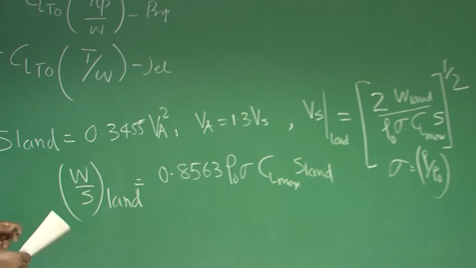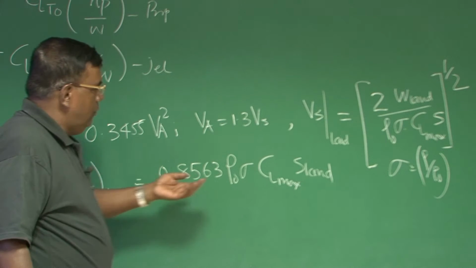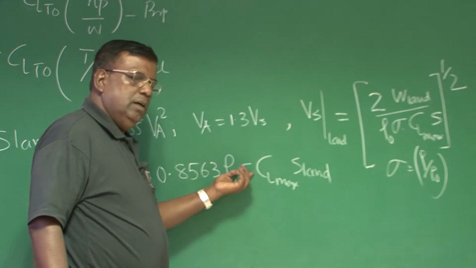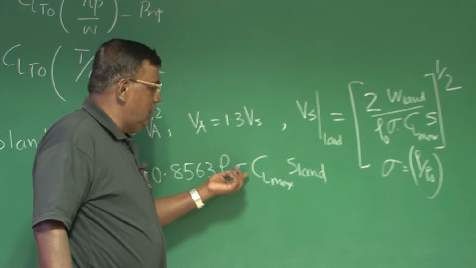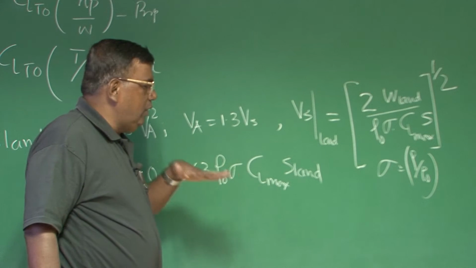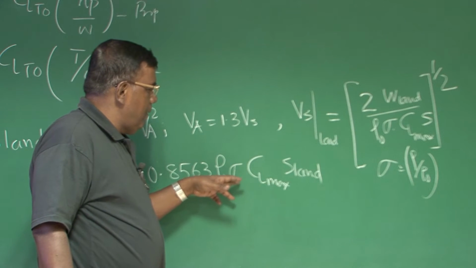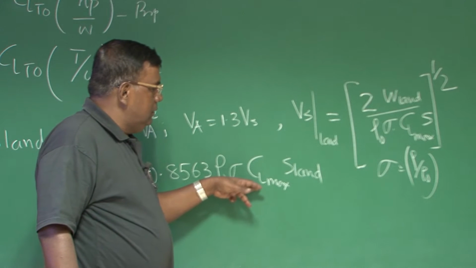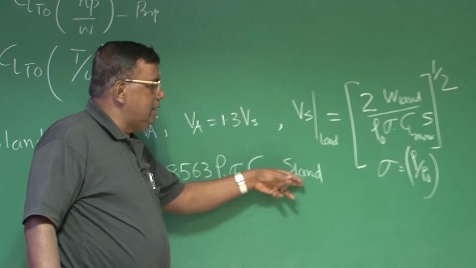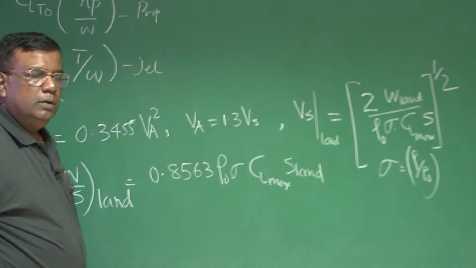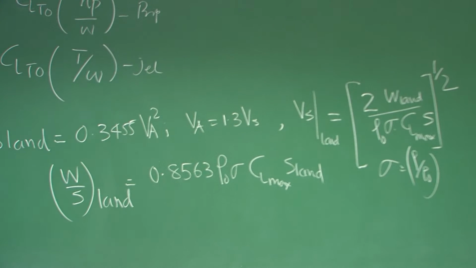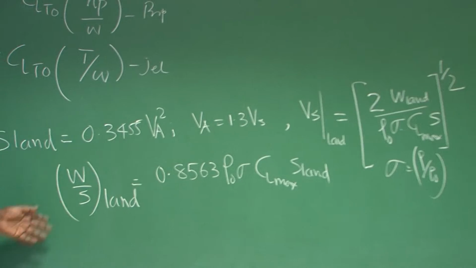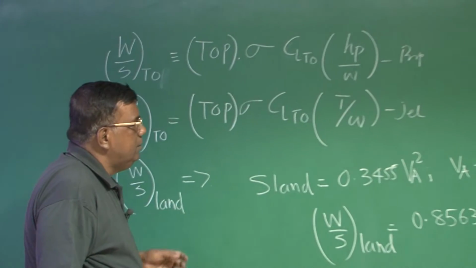So it clearly tells you what is the density ratio at the altitude where you're going to land, what is the CL max value, and what is the length within which you want to make the aircraft stop, right? So this is W by S landing, this is W by S takeoff.